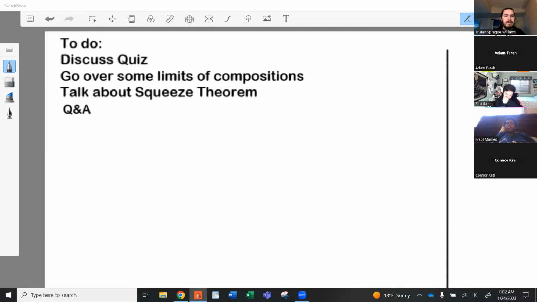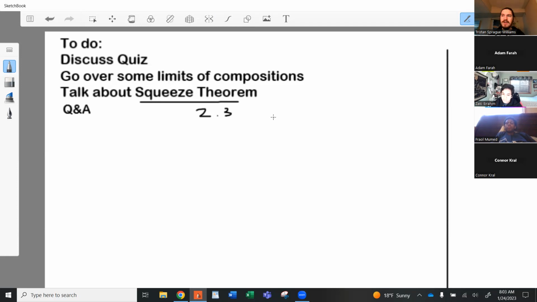And then there's this one topic we missed from a while back, this thing called the squeeze theorem. I think it's totally fine that we didn't go over it. It was actually in 2.3.